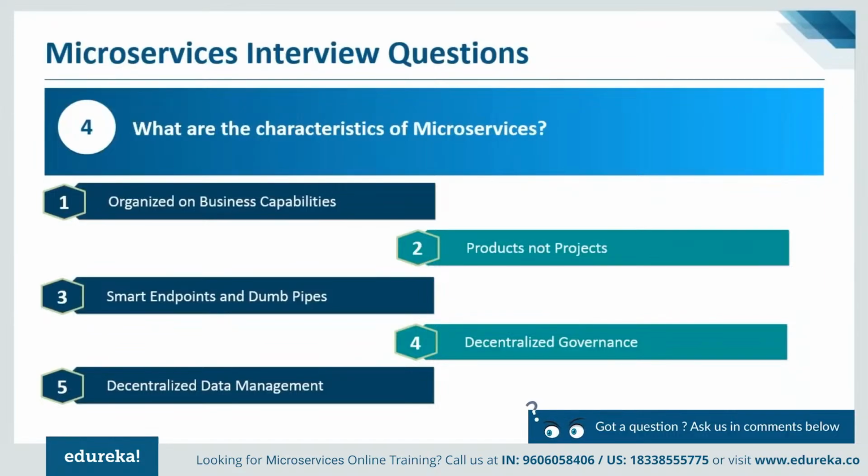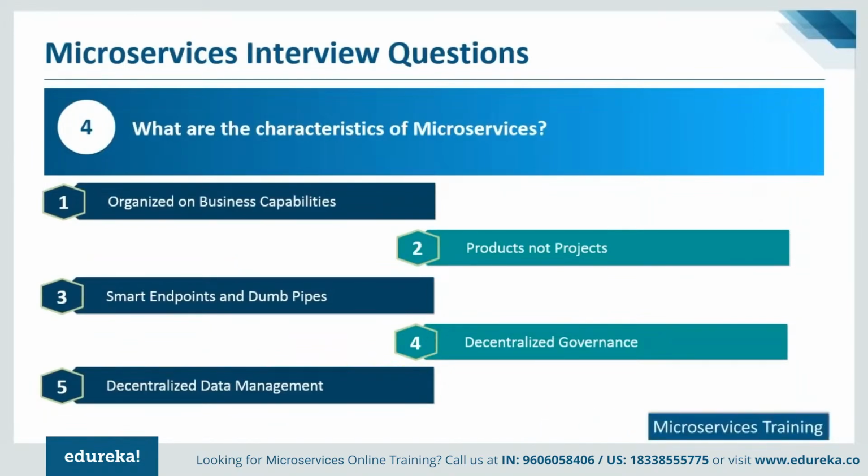Firstly, we have organized on business capabilities. Now, what do I mean by this? Basically, since you have individual microservices, you have an application that works on its own. You also have a database that corresponds to each individual microservice. That means if you have 10 microservices, you'll have 10 individual databases that are corresponding or answering only to that particular microservice.